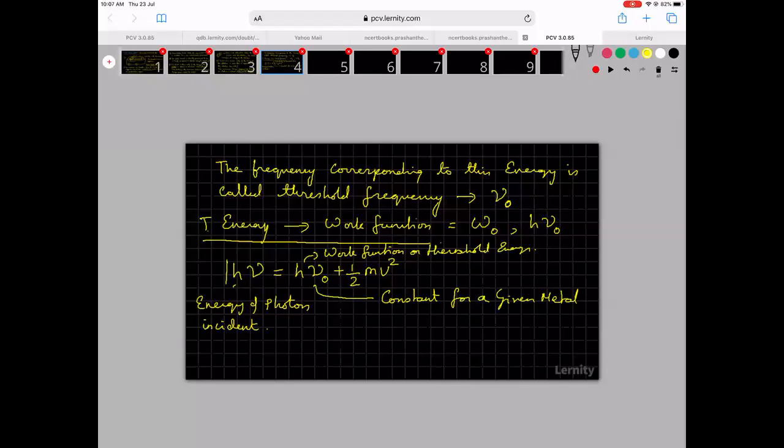Now this equation has come from the law of conservation of energy. Energy cannot be created nor destroyed. So this is the incident energy. That is, how much energy are you giving? Where does that energy go? A part of it goes to overcome the negative total energy of the electron, and the rest becomes the new kinetic energy of the electron.